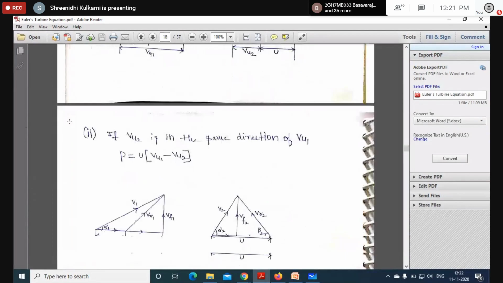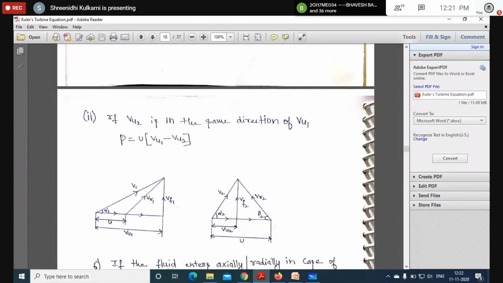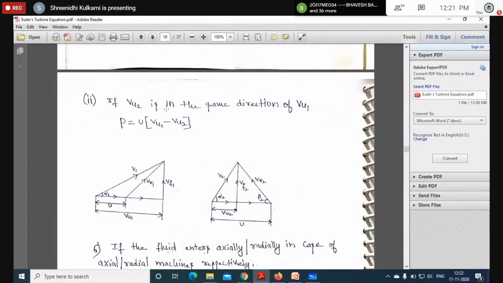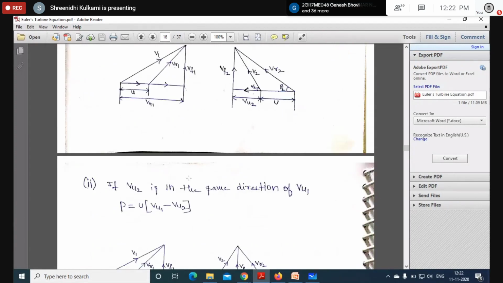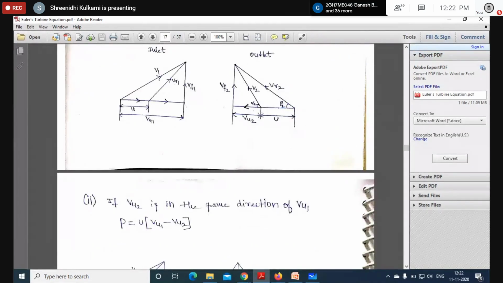Next, another one. If VU2 is in the same direction as VU1. So when will we get this condition? Just now I discussed this one.